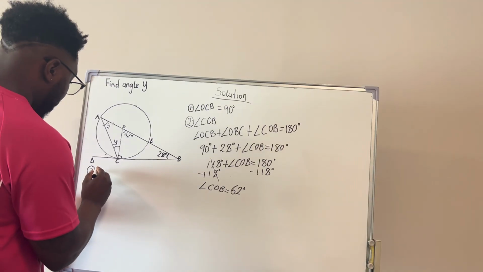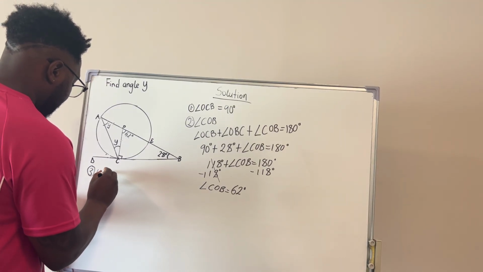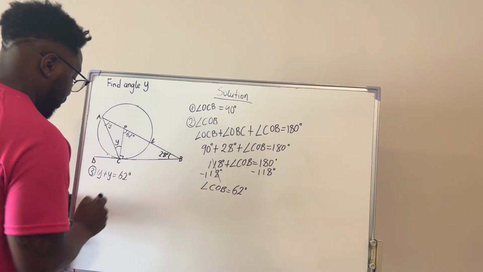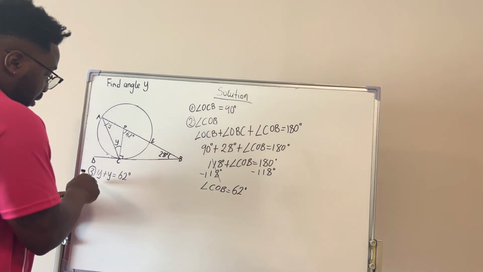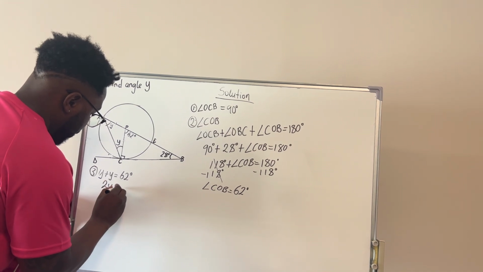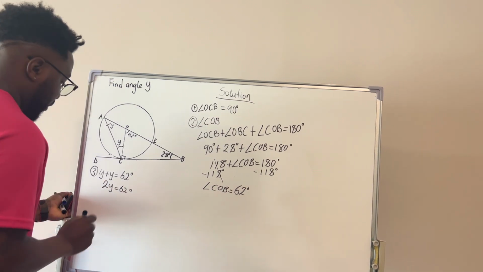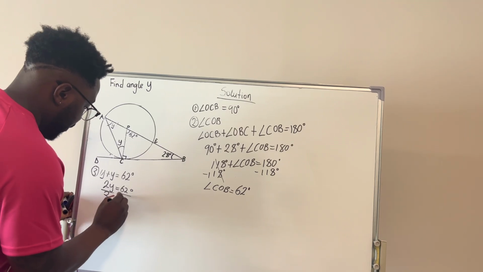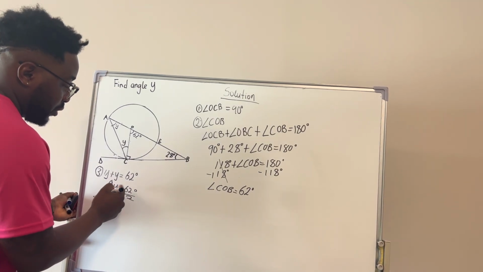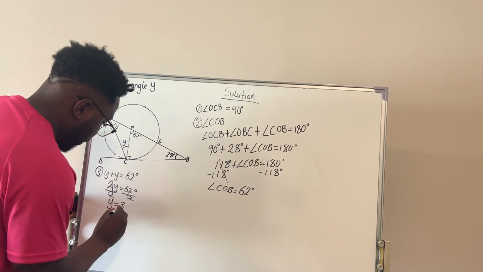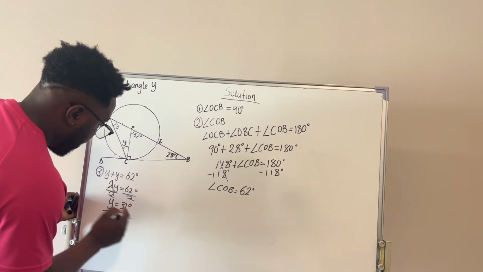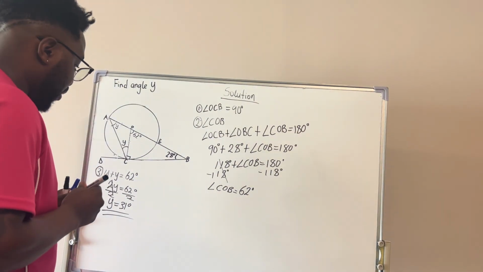So y plus y should sum up to 62 degrees, and y plus y is 2y equal to 62 degrees. We isolate y by dividing by 2, and we have y equal to 31 degrees. So we have found our y angle over here.